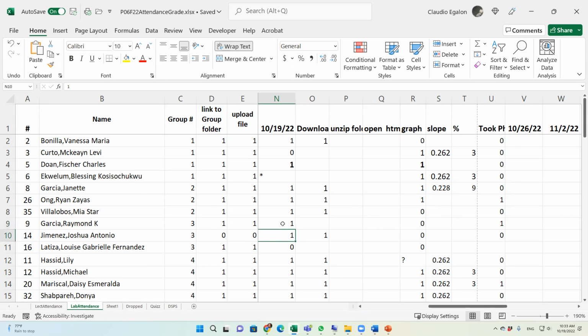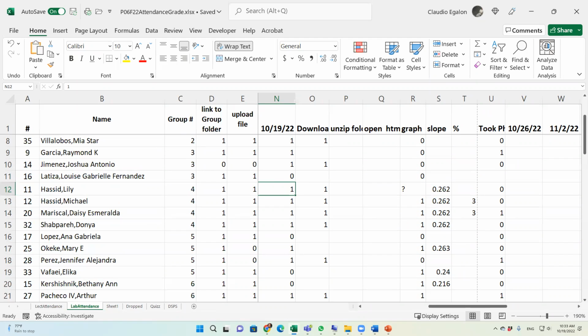So don't forget to exchange contact information with the student from group 9, okay? Joshua Jimenez. I'm here, Professor. Okay. Luis Latisa is not here, right? Lily is here, right? Hi, Lily, are you there? I'm not hearing from Lily. Let me put a star here. Michael, are you there?